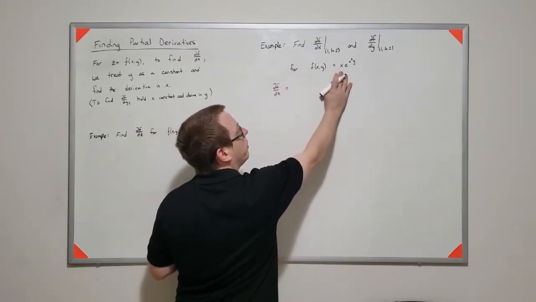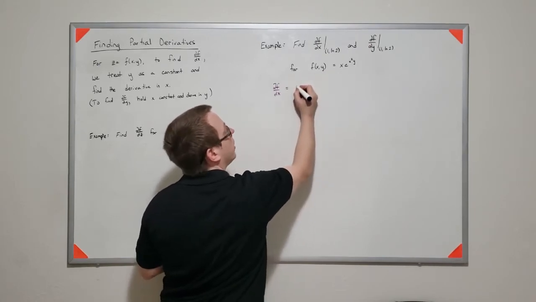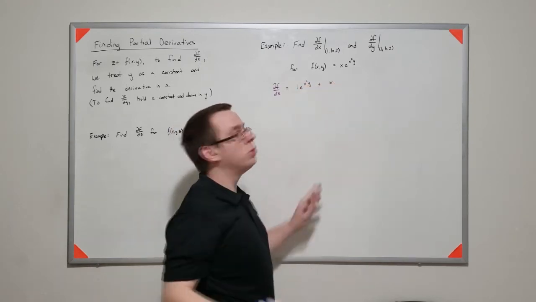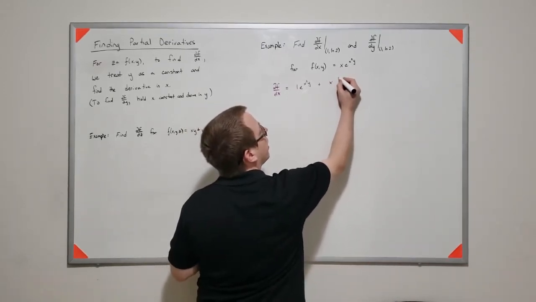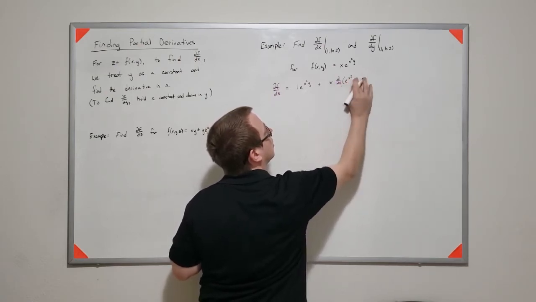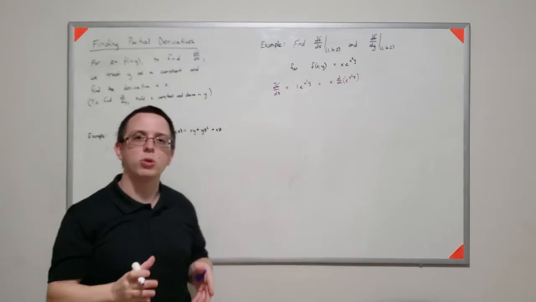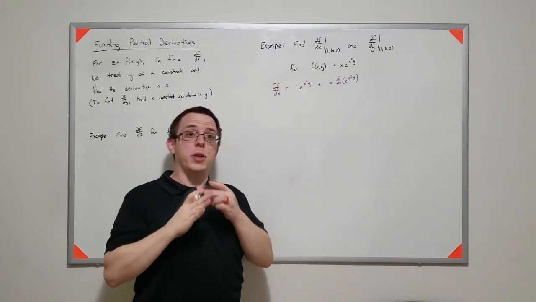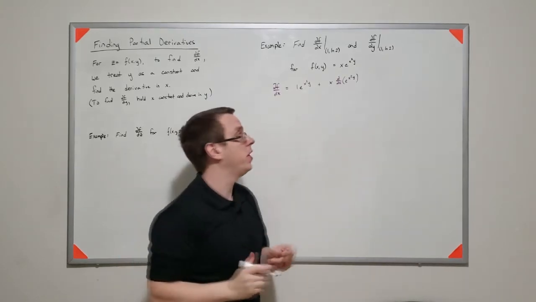To do that, we take the derivative of the first, hold the other constant, so that's 1 e to the x squared y, plus hold the first one constant, take the derivative of the second. Now recall that the derivative with respect to x of e to the anything, you have to use the chain rule, is e to the thing times the derivative of the thing.